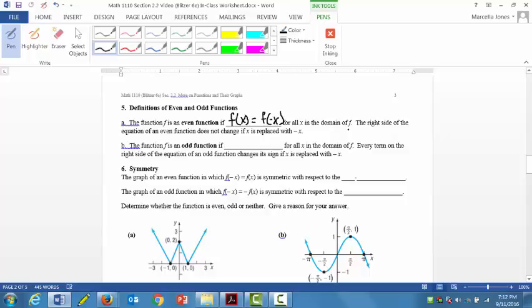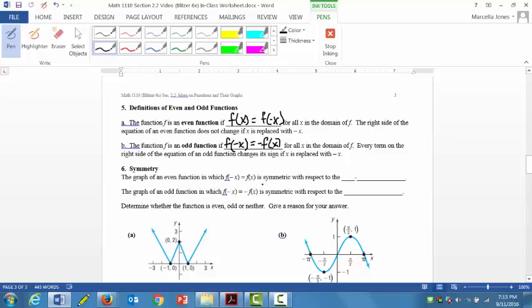A function is an even function if f of x equals f of negative x for all x in the function's domain. And the function is an odd function if f of negative x equals negative f of x for all x in the function's domain. Both of these are types of symmetry.